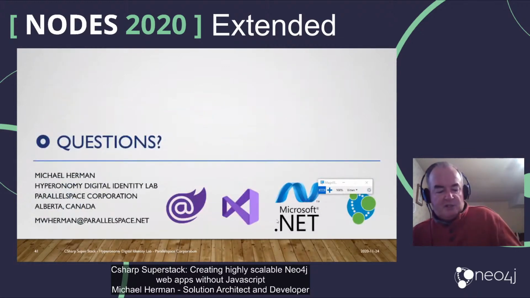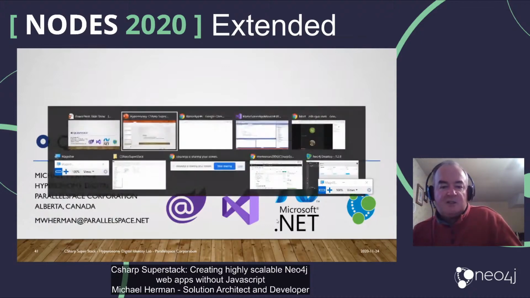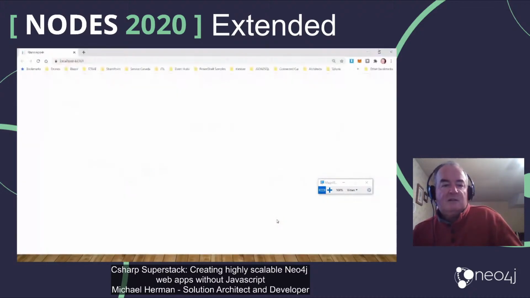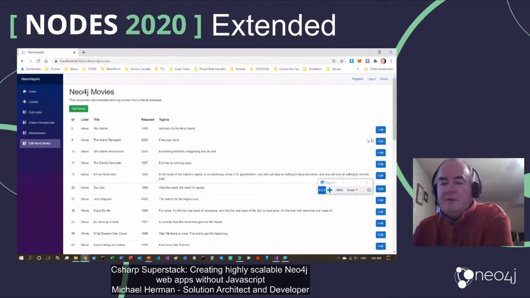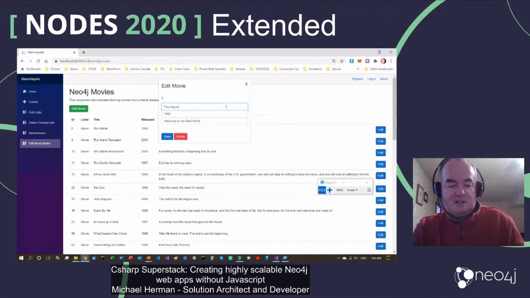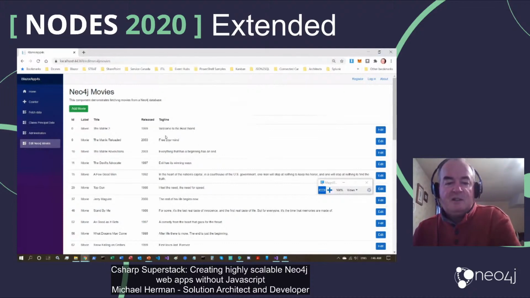So we'll go to questions. Just before we toggle into questions, let's just see that app running. Yeah, there it is. If we want to go in and, let's say, edit an existing one, the Matrix 2, just keep it simple, click save.